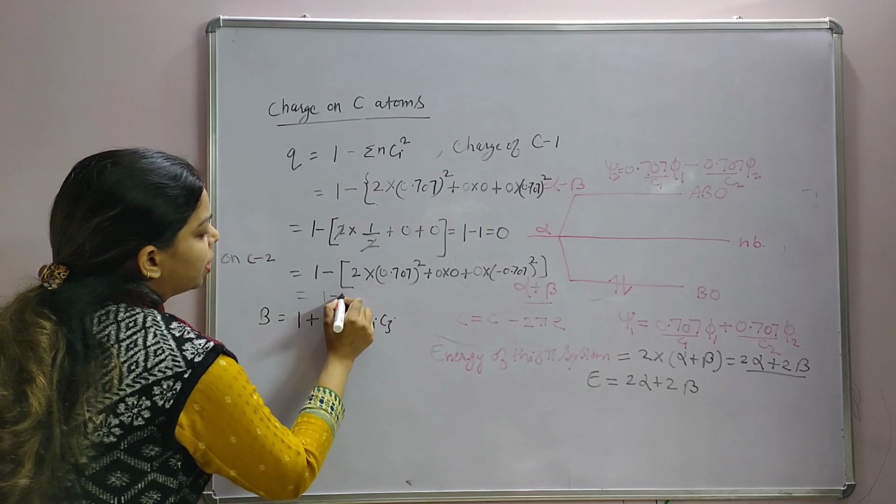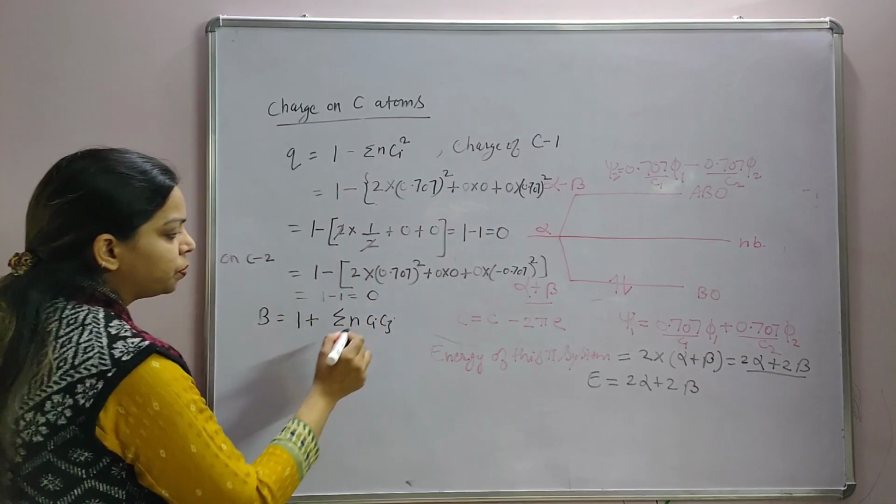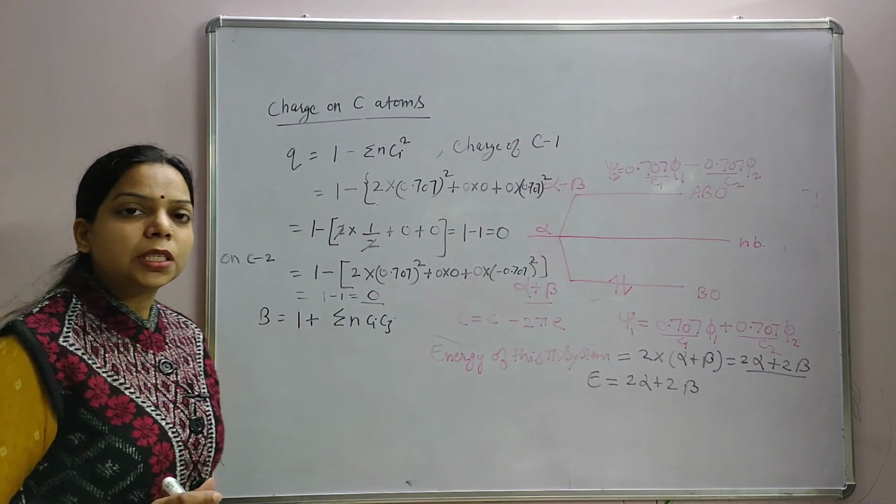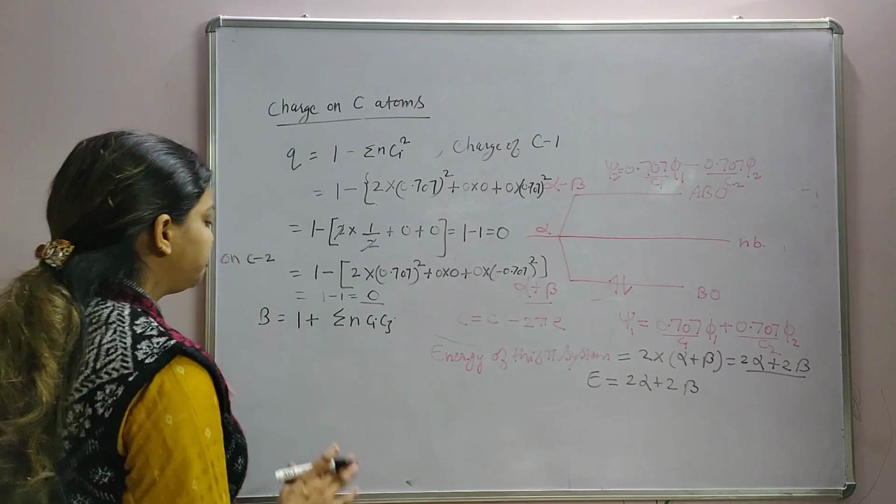Again this will be 1 minus 1 is equal to 0. So the charge on both carbon atoms is 0 in this system.